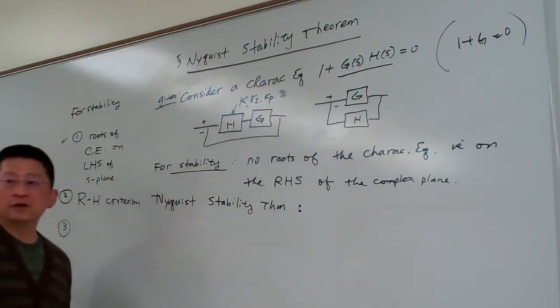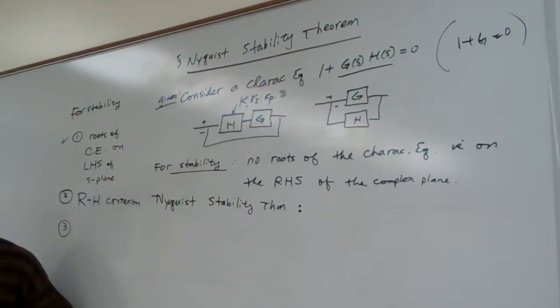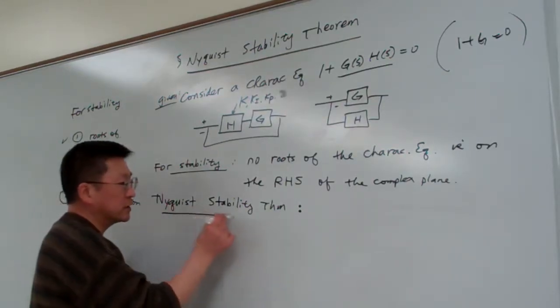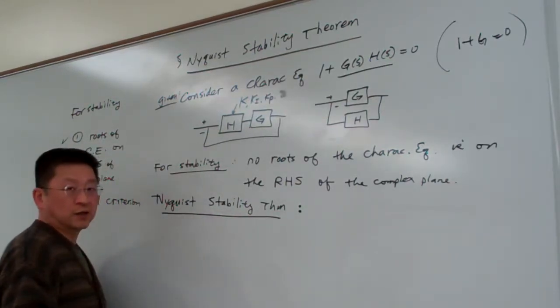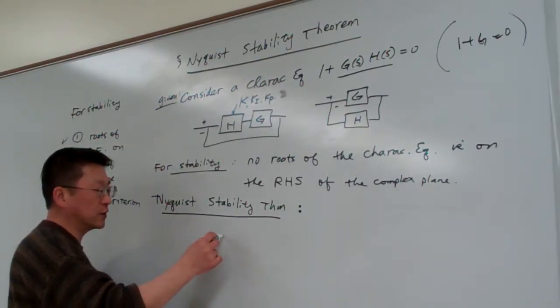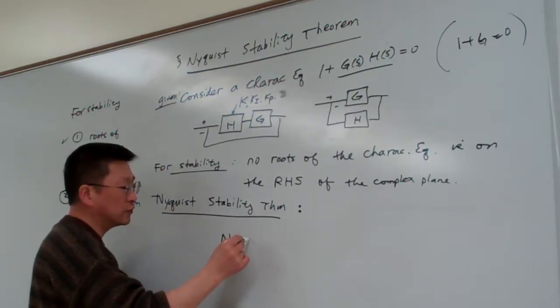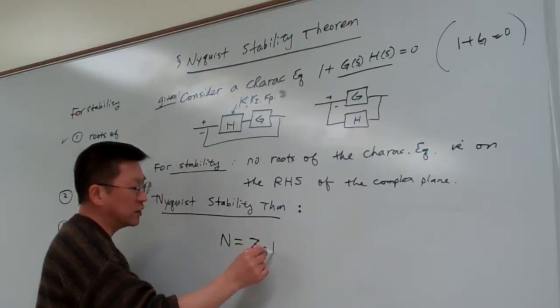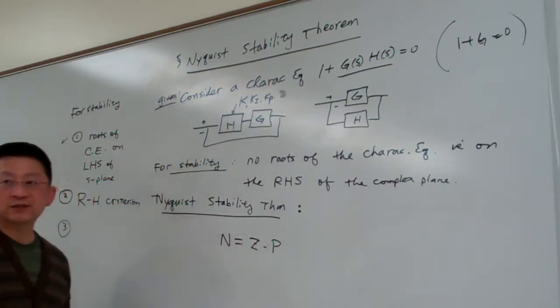I give you the equation first, and based on that equation, quite a bit of explanation I need to make. This equation basically is simple, but is sometimes a little bit confusing for beginners to apply. That equation is saying N equals Z minus P, and let me explain this equation.